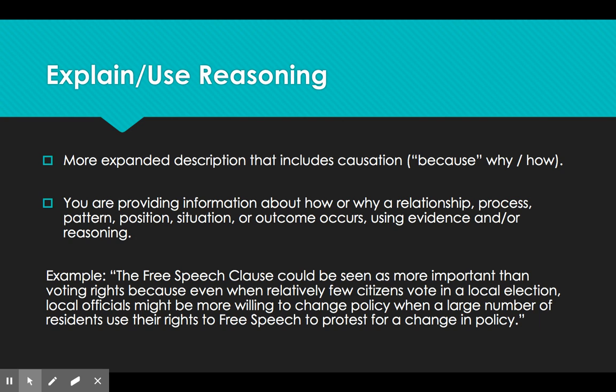So for example, this free speech clause could be seen as more important than the voting rights, because when relatively few citizens vote in a local election, local officials might be more willing to change policy when a large number of residents use their rights to free speech to protest for a change in policy. Okay? So make sure that you are using that because or the why and how if you are explaining.